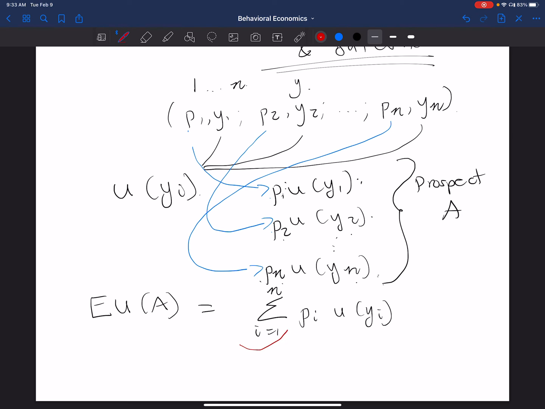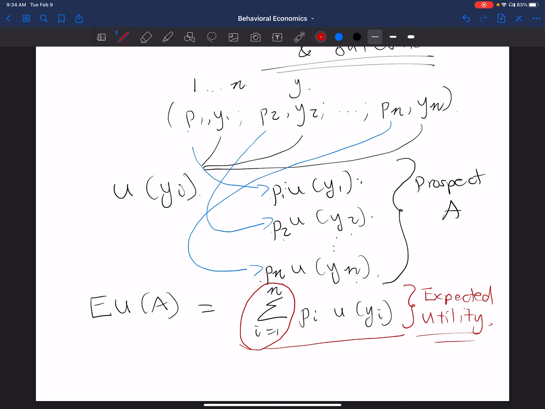That gets us the expected utility, the sum of pi times u of yi. That is our expected utility, and it is a very important starting point for thinking about expected utility versus alternative theories.